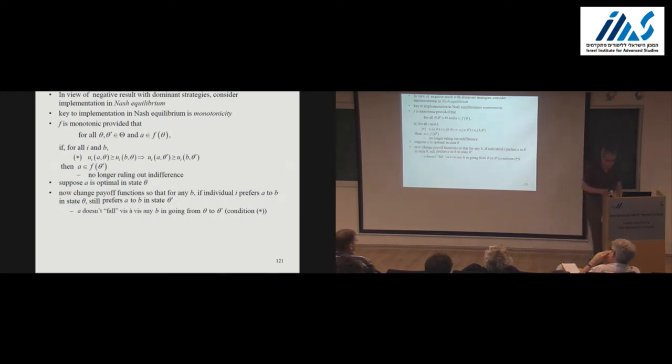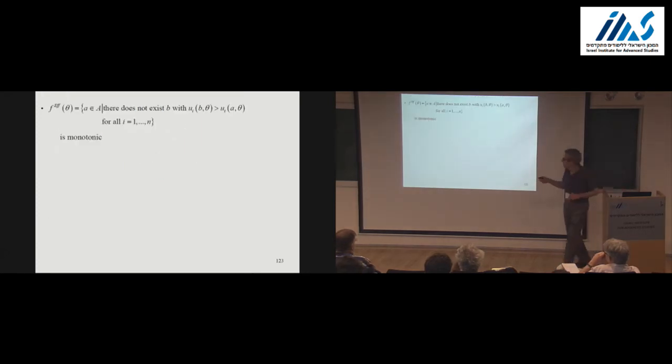Now, it turns out that a lot of the social choice rules that I mentioned earlier on in the introduction are monotonic. So, for example, the set of Pareto optimal outcomes is monotonic.